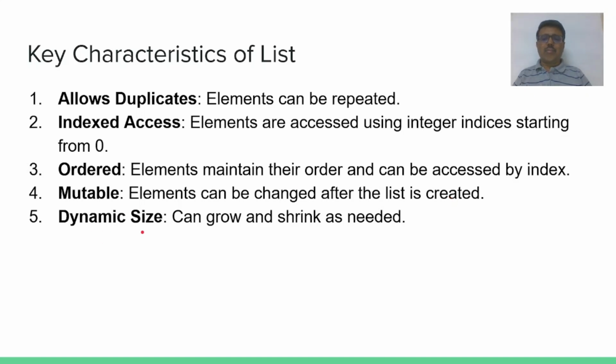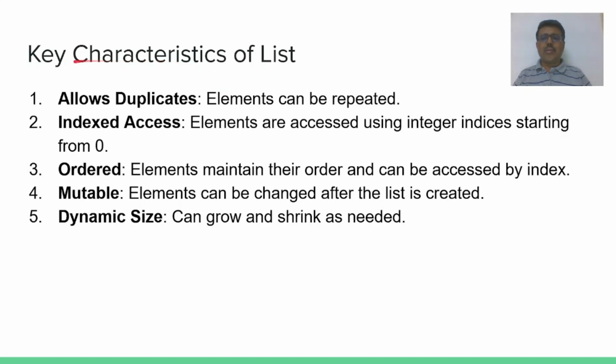And then dynamic size. That means suppose I have 11 items now, if I want to add 12 items or if I want to reduce the items, I can do that. So these are all possible with a list. These key characteristics are very essential, because based on your real-time application context, you can think about when to use a list, when to use a tuple, when to use a set or dictionary.